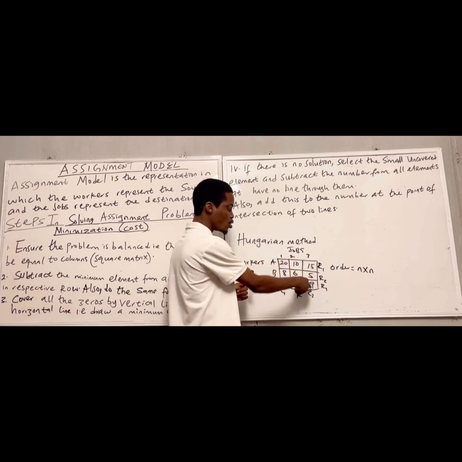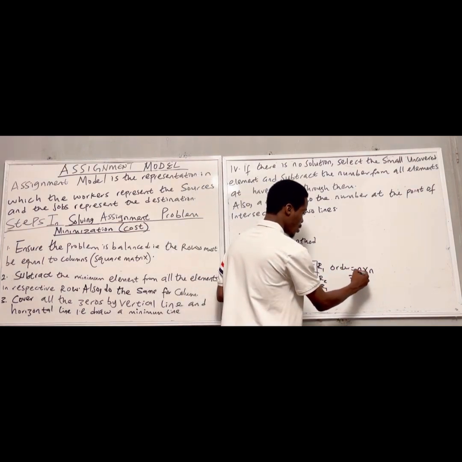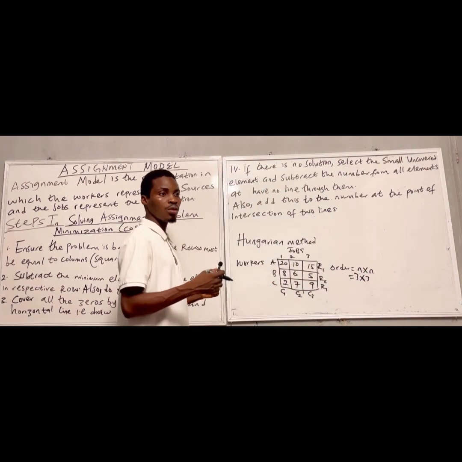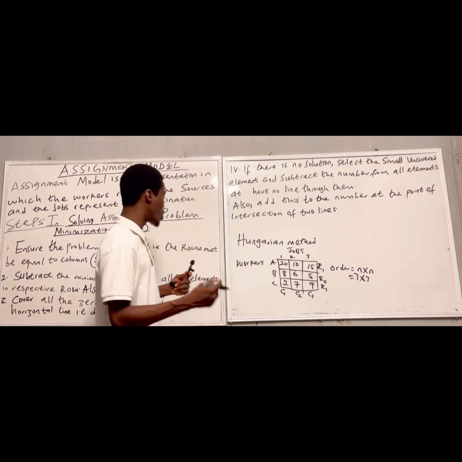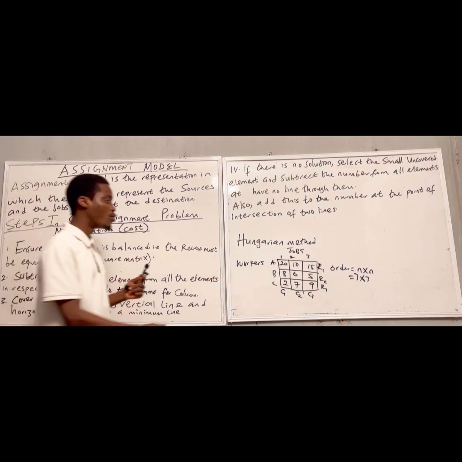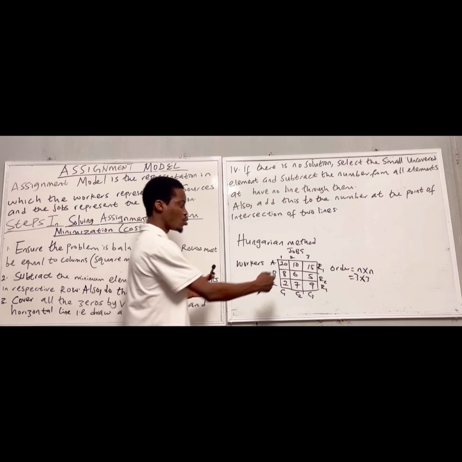The number of rows is equal to the number of columns. So this type of matrix is a 3 by 3 matrix. When the number of rows is equal to the number of columns, we call it a square matrix.